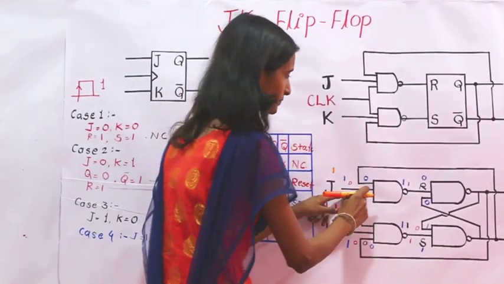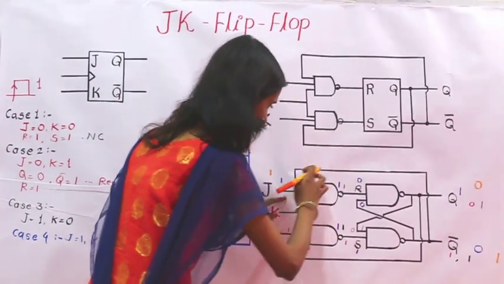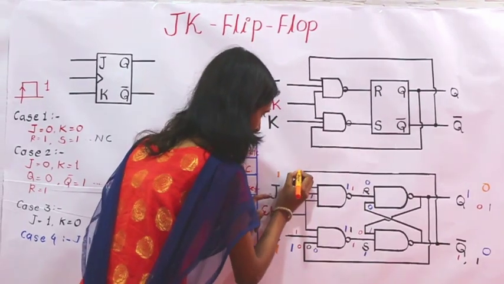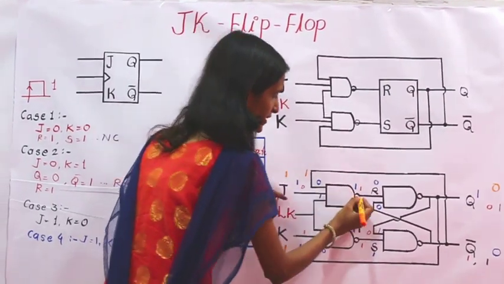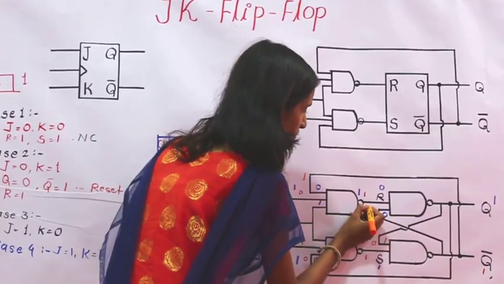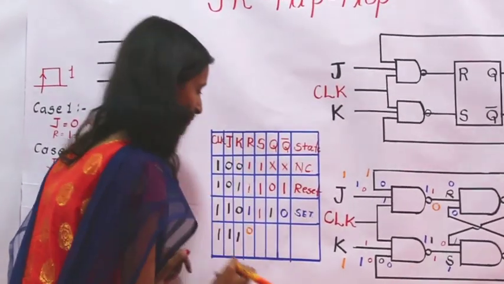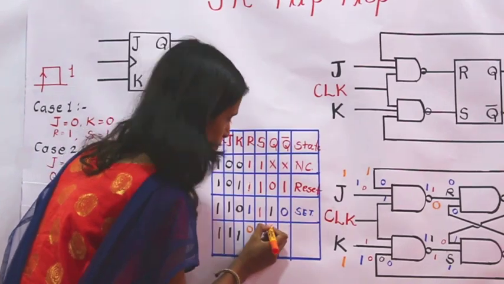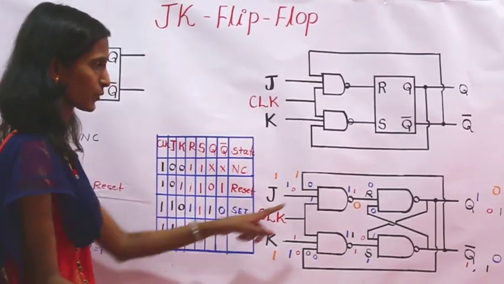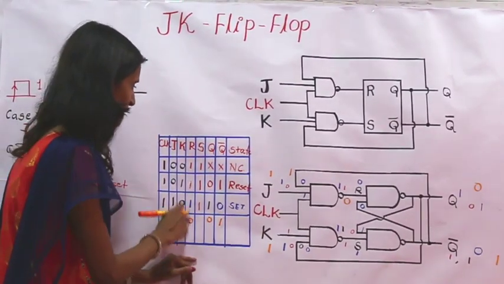So I have to find the values of R and S here. So this is 1. This Q bar is connected here, this is nothing but 1. What will be the output of 1 and 1 through the gate? The output of 1 and 1 is 0. So R becomes 0.